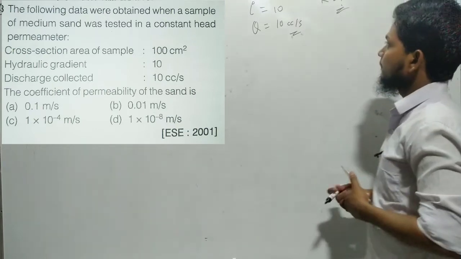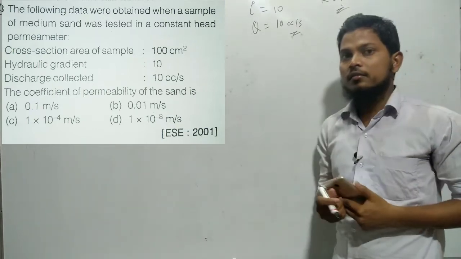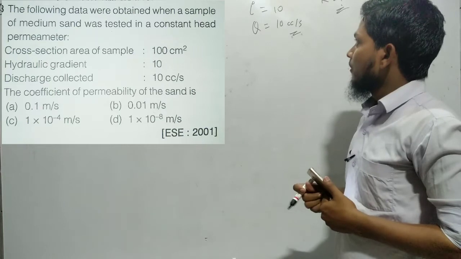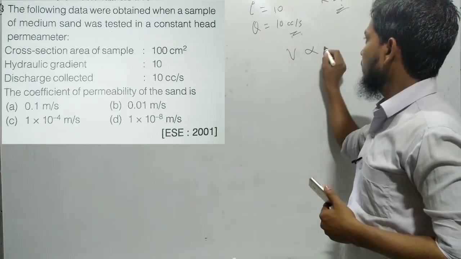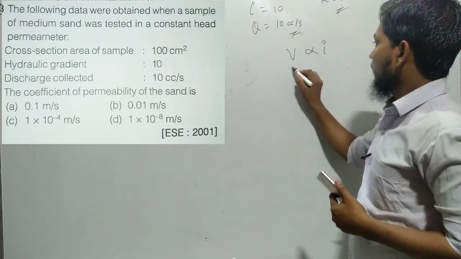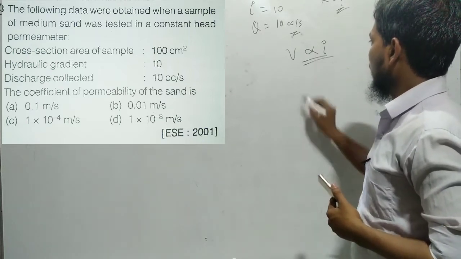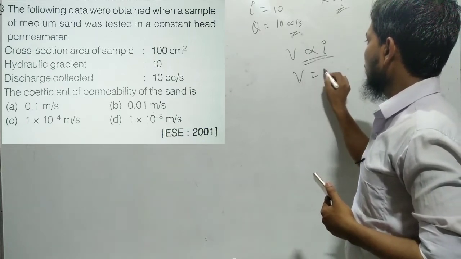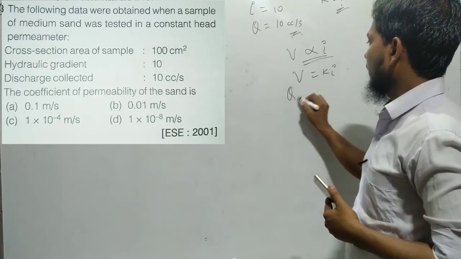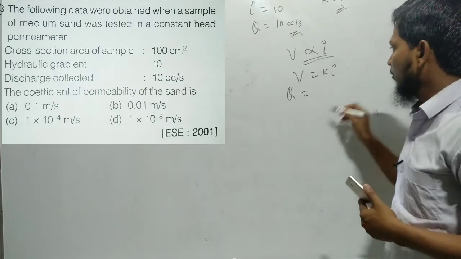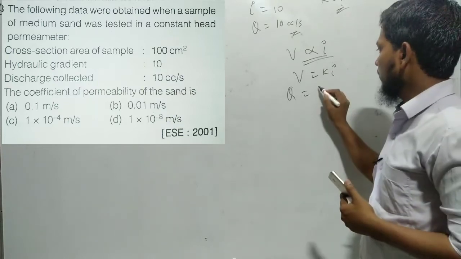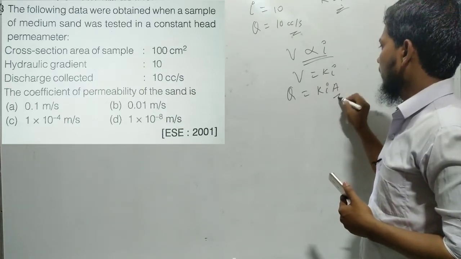We know that the velocity is directly proportional to the gradient. So by Darcy's law, V is equal to Ki, and for discharge we multiply by the cross-sectional area of the soil, Q equals Kia.